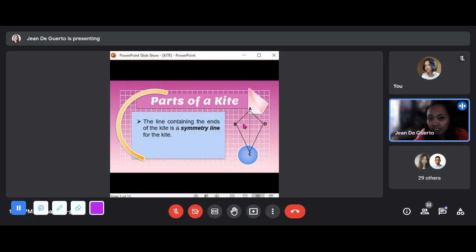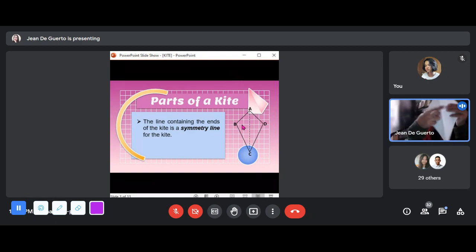Symmetry kasi kung ano yung makikita nyo dito sa side na to, sa left side ng kite, pag hinati natin, ayan, may kite ako, may props ako, mayroon akong kite. Okay? Kite. Nakikita nyo ba? Okay? So, eto yung side na to, saka side na to, they are congruent. Congruent kasi nag-overlap sila. They are of the same size. Eto din. Yun yung second. Okay? So, dito sa kite na to, ito yung first end, ito yung second end.